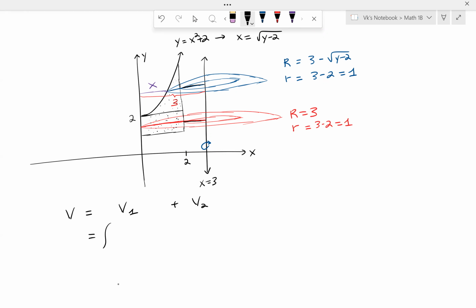Volume number 1 is the integration of the volume of the sample washer from 1 to 2. So integral from 1 to 2 of pi R squared minus r squared dy.